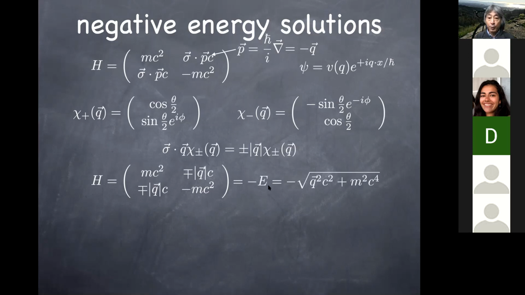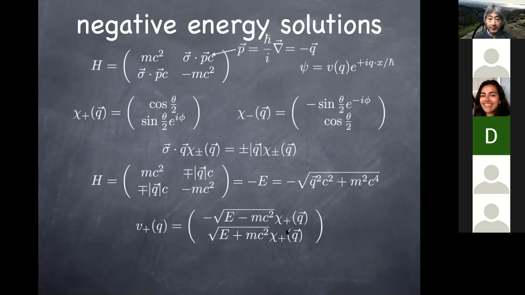And remember, we are looking for this negative energy solution, and I'm keeping this symbol E to be always positive to avoid confusion. So negative E is negative, and therefore this would be the eigenvalue for the negative energy solutions. So that's what we are looking at right now.